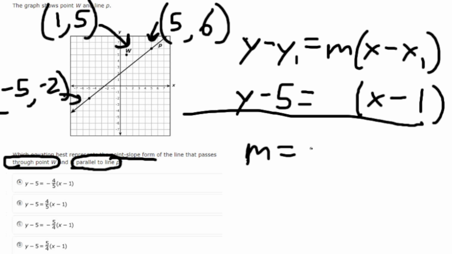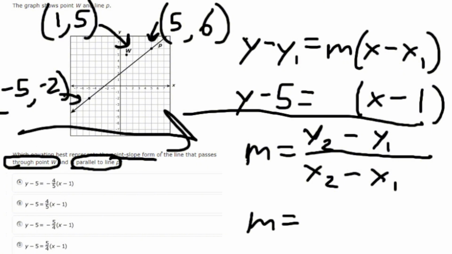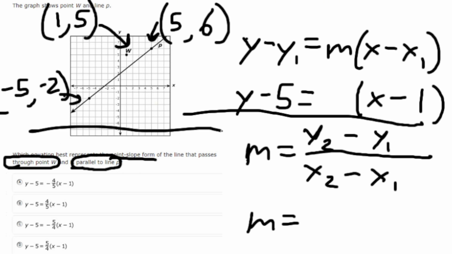So for the m, I have y2 minus y1, and then I have x2 minus x1. I'm going to substitute the values, and I'm going to have is equal to. As to which one comes first or which one comes next, you're always going to go from left to right. I'm always going in this direction, from left to right.